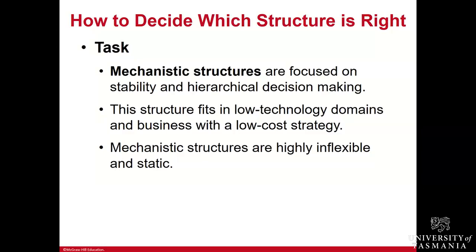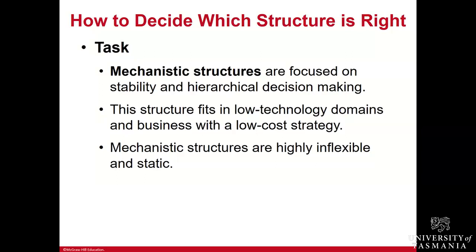If we are thinking mechanistic structures, like hierarchical decision making, what it is, centralized decision making. We are talking about low complex product, which is so close to functional structure. And I don't want to say simple structure because simple cannot do export, but think about functional. And mechanistic structures are highly inflexible and static, which is the basic structure.